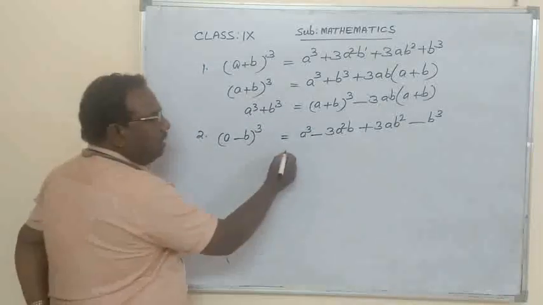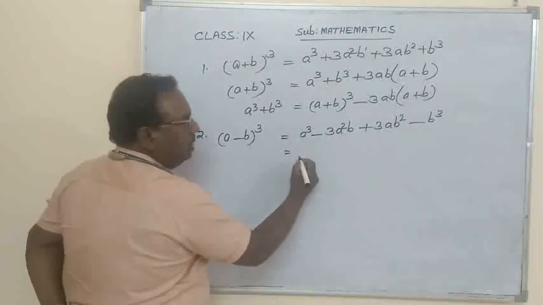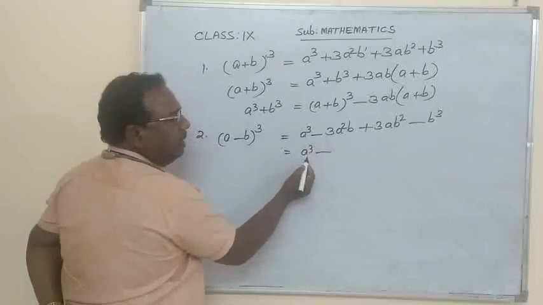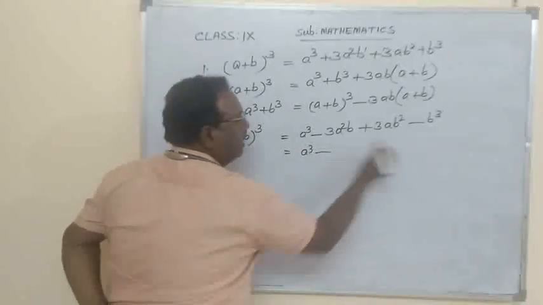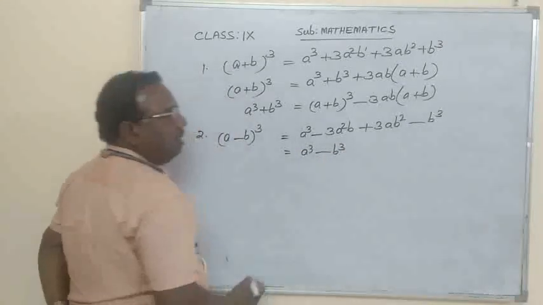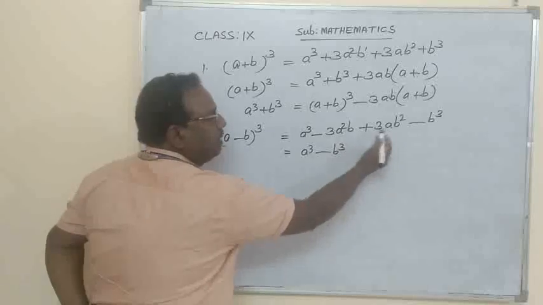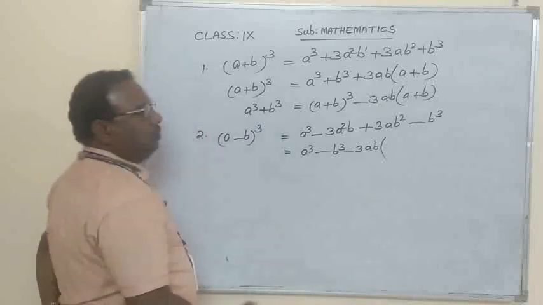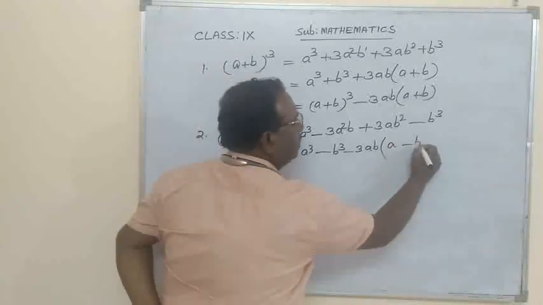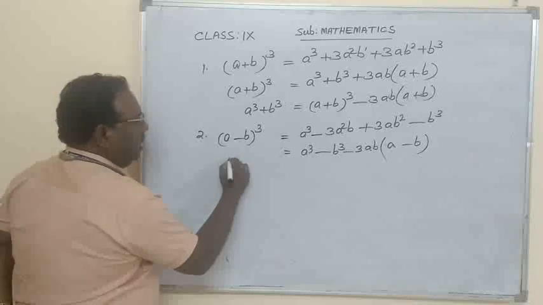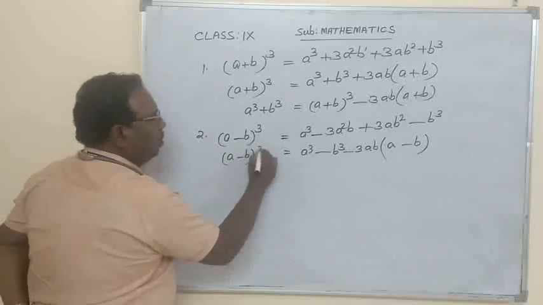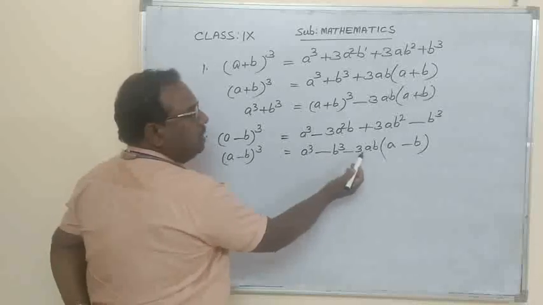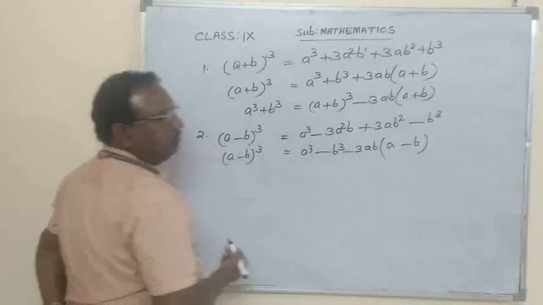The same formula can be written in some other form also, that is, a cube minus b cube, first term first, then the last term, and from the second and the third term I take minus 3ab common factor, minus 3ab into (a minus b), so that we get (a minus b) whole cube is equal to a cube minus b cube minus 3ab into (a minus b).